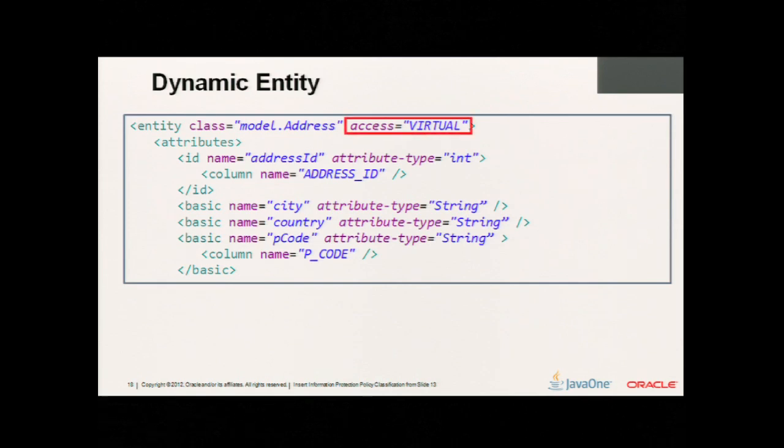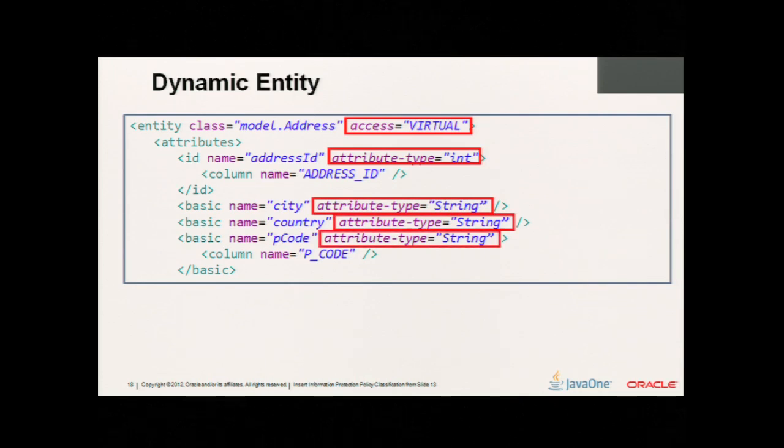And the only pieces you need to make this work is we need to know it's a virtual class. And since there's nothing to interrogate the class to get back its type, you have to tell us what the types are. So in here, my address ID is an int. I have a city, country, and postal code that are strings. But for the most part, it looks like standard ORM code with these small additions.